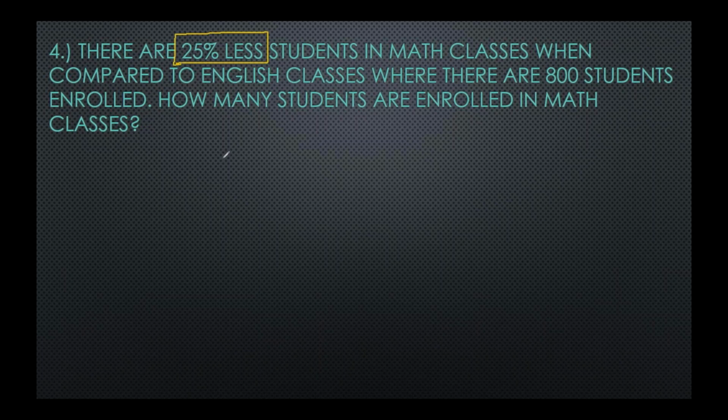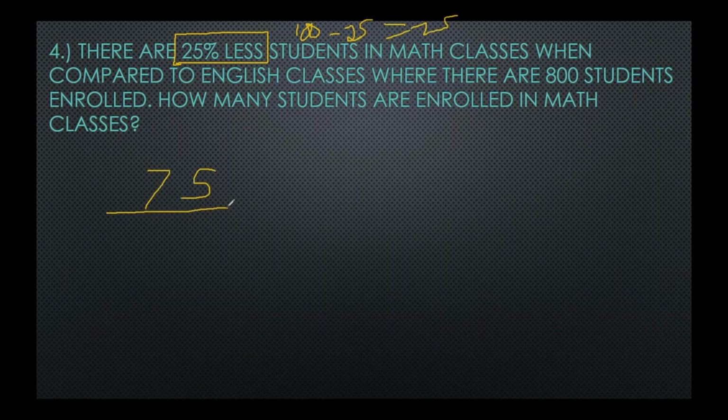Am I going to add or subtract from 100 if it says 25% less? Subtract. Yeah. Don't use a question mark. Be proud of that answer. Yeah, it's less. That implies we take away. So if we take 100 minus 25, that gives us 75.